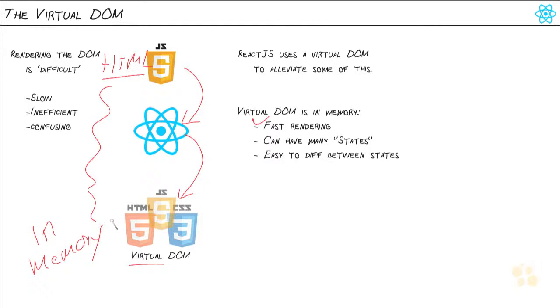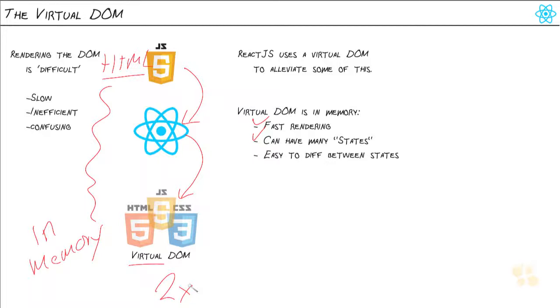The other thing that's really cool is we can have many different states of the DOM. Specifically, we have our current state and our next state. This is an important concept in React. So when a user updates or changes something, React goes through this process and re-renders the virtual DOM, and now it's got two DOMs in memory. It's got the current state and the next state, the state that they've updated to.